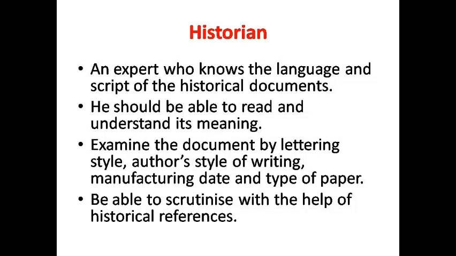He should also scrutinize with the help of historical references. Scrutinize means what? He should examine it properly. He should collect all the related references or documents, and then he should write about that particular incident or event so that it will be written in a proper method with proper proof.